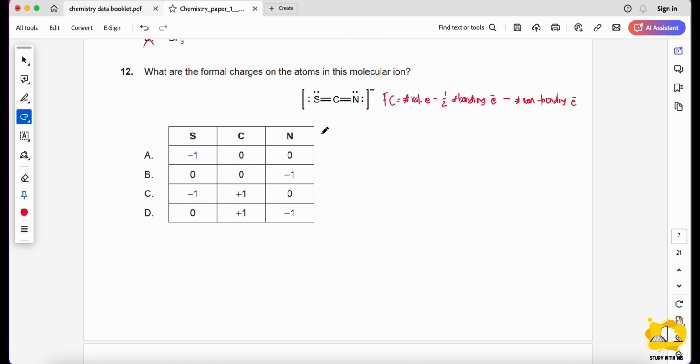So let's calculate for S. S valence electrons, it's 6, minus half the bonding electrons, we have 4, 1, 2, 3, 4, and non-bonding electrons, also 4.